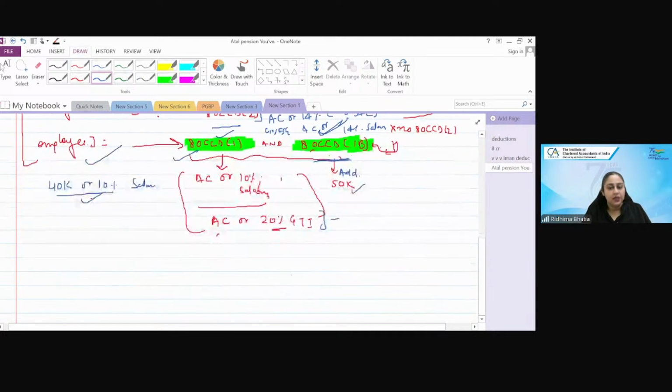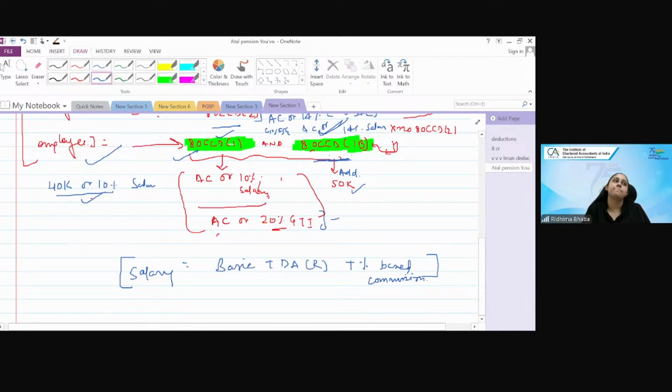Salary here is the same salary which you use for your other exemptions, which is basic plus dearness allowance forming part of the retirement benefits or forming part of the terms of employment, plus percentage based commission.